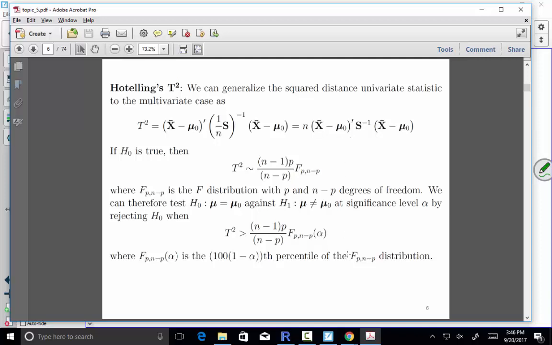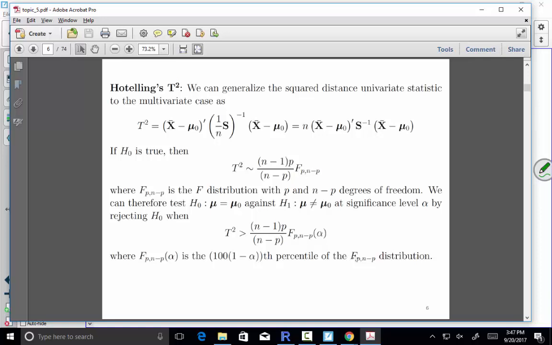From here, the math will look a little more complicated, but the concepts are exactly the same. We're going to compute p-values and construct confidence regions. We're going to reject the null if the p-value is less than alpha, and equivalently, reject the null if the null hypothesized mean is not contained in our confidence region.